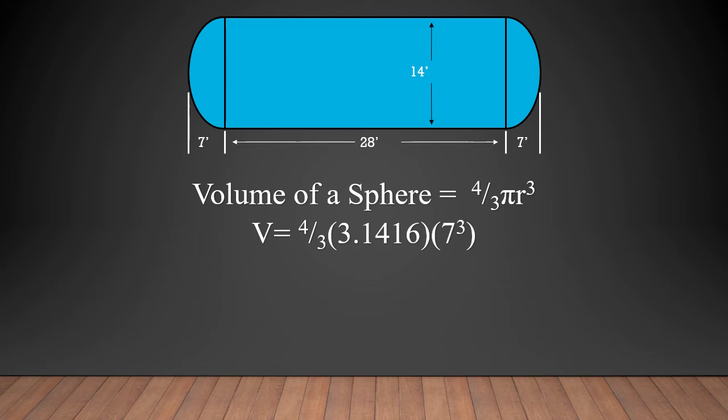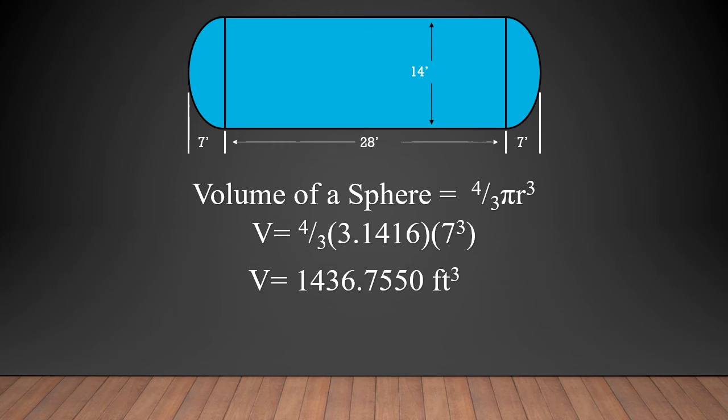The easiest way to do this on a calculator is take 7 cubed, multiply it by pi, then multiply it by 4, and then divide that by 3. What that will give you is 1,436.7550, again with as many decimal places as your calculator will give you. And that is the volume of the sphere.